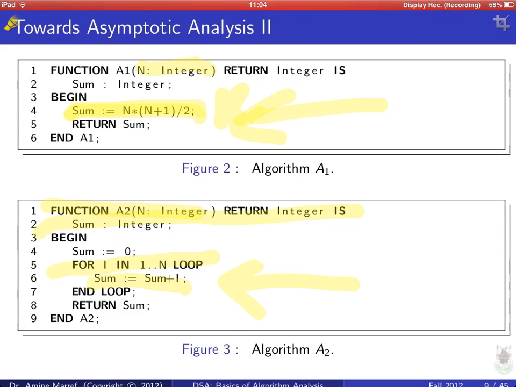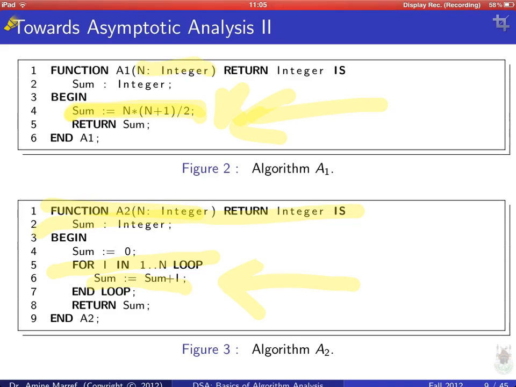So memorize these equations now. The number of steps of algorithm A1 is beta 1, and the number of steps of algorithm 2 is alpha 2 times n plus beta 2. These two are just equations of a straight line. You remember the straight lines, y equals ax plus b.